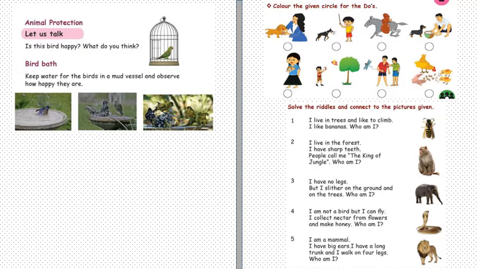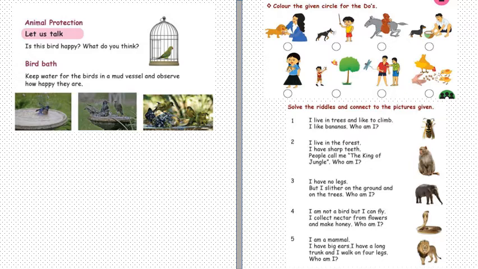Basically, birds like to fly around in the open and they want to be in their natural habitat. And when they are caged in, they don't have the freedom. So, I feel the bird is not happy.